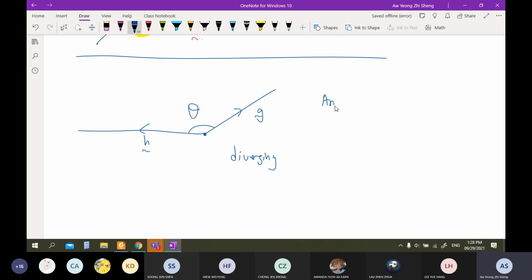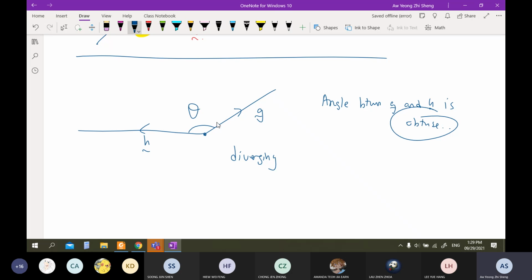So the angle between G and H is obtuse. If you leave your answer as obtuse, it is correct, and you are not supposed to convert it to an acute angle.